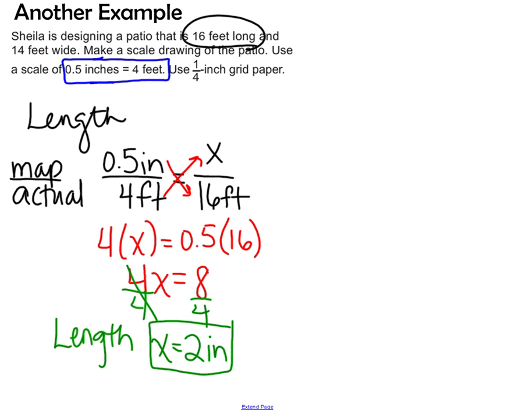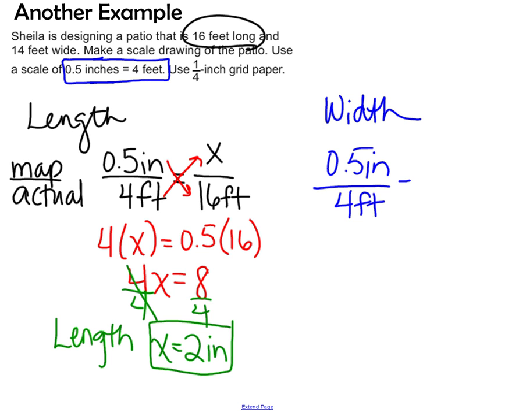Okay? Now we're going to work on the width on the other side. So again, we're doing map over actual. So we have 0.5 inches over 4 feet, and that is equal to, I'm not really sure yet, so I'm going to call it x. And it's 14 feet wide. So 14 feet.